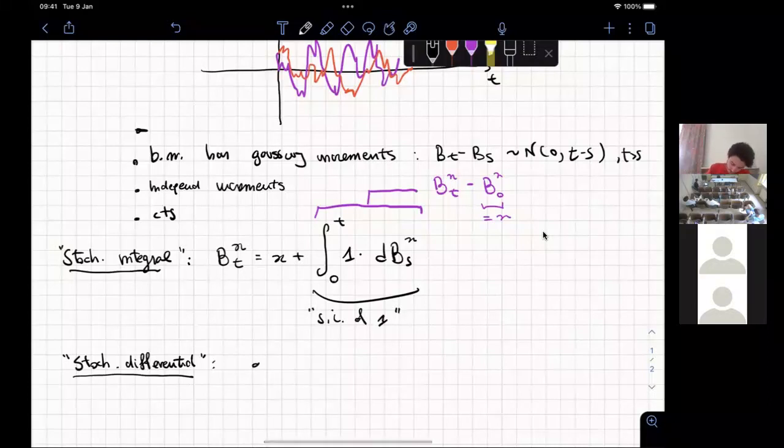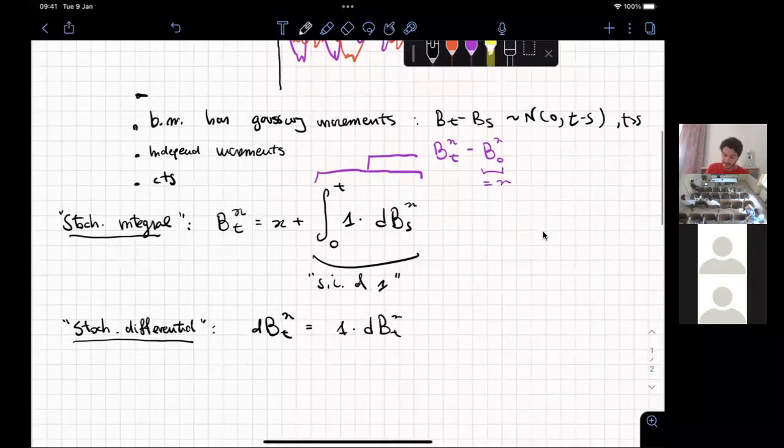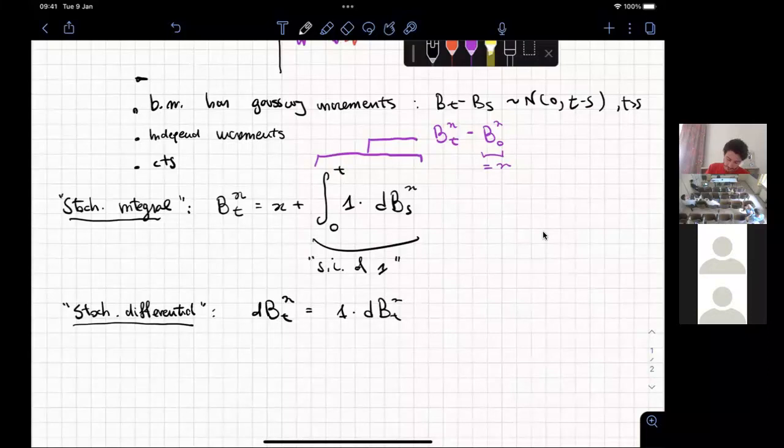So when we write dB_t(x) equal to 1 times dB_t, of course here is a sort of tautology, but one can add stuff. Then this is meant in this sense.